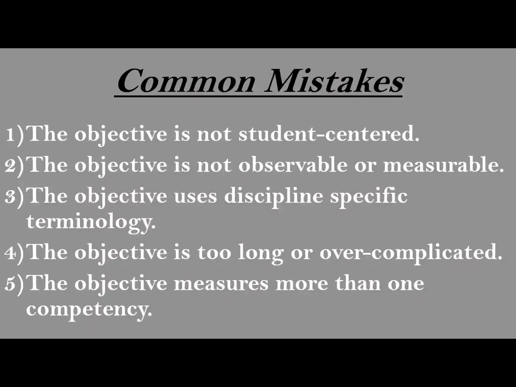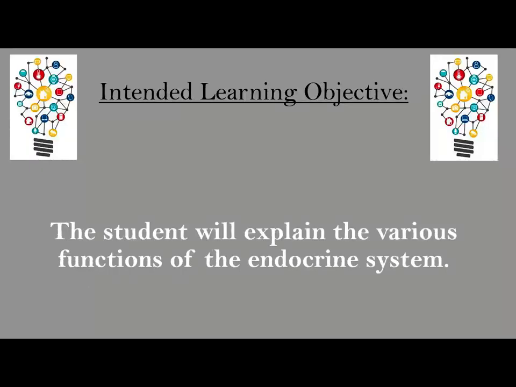So some common mistakes, and we just saw several of them. The number one common mistake is that the objective is not student-centered. And all of these kind of tie back into that. So 2 through 5 are all kind of related to it not being student-centered. With this last learning objective, what I mean by it not being student-centered is, change the word student to teacher, and you're basically explaining what the teacher's doing, right?